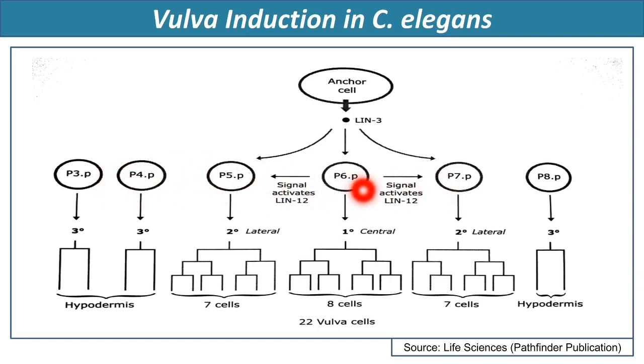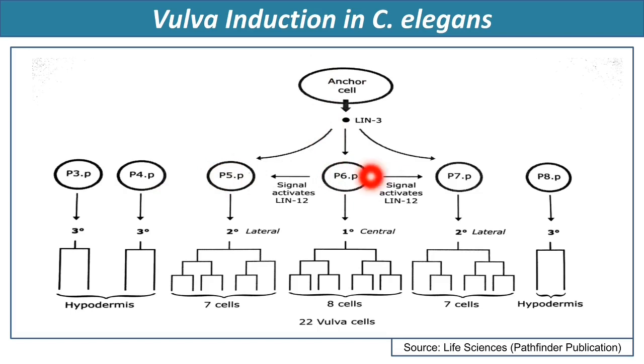These 6 cells will take part in vulva formation, and each of them has equal potential to contribute to vulva development by receiving the needed signals from another group of cells. That means these 6 precursor cells receive signals from other cells for the formation of vulva cells.